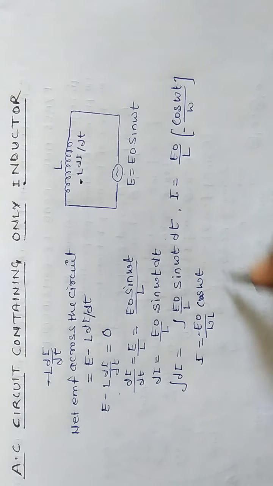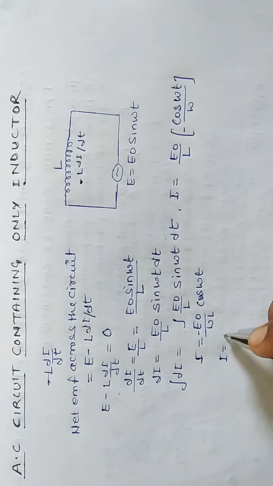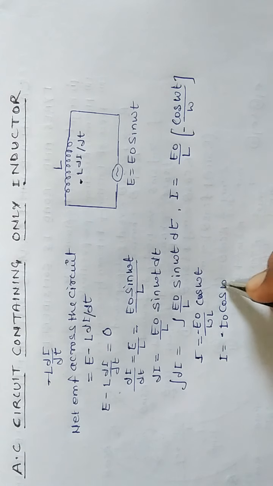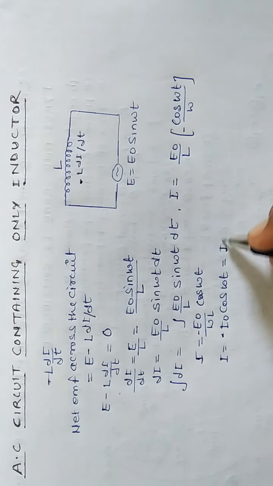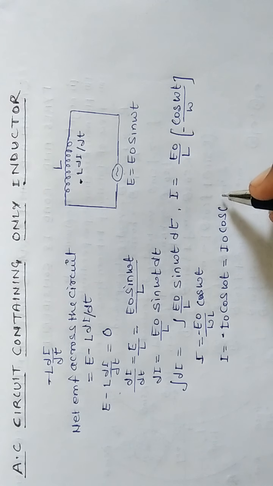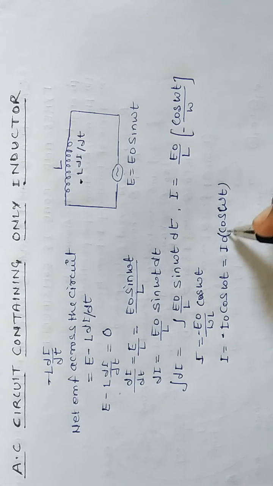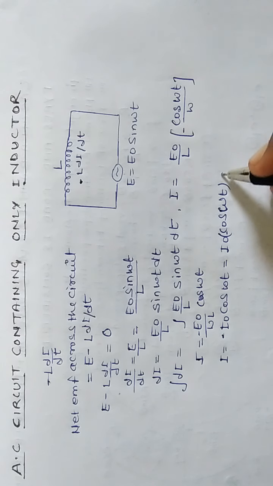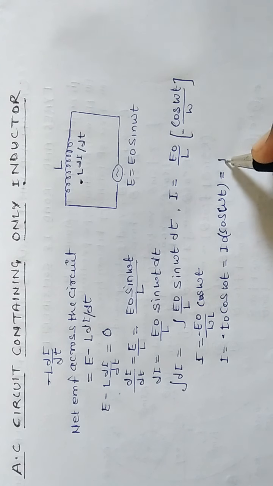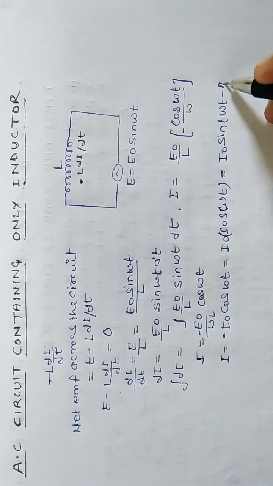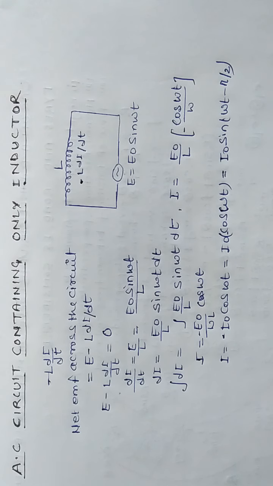Or we can write I as −I₀ cos ωt, which can be written as I₀ sin(ωt − π/2).